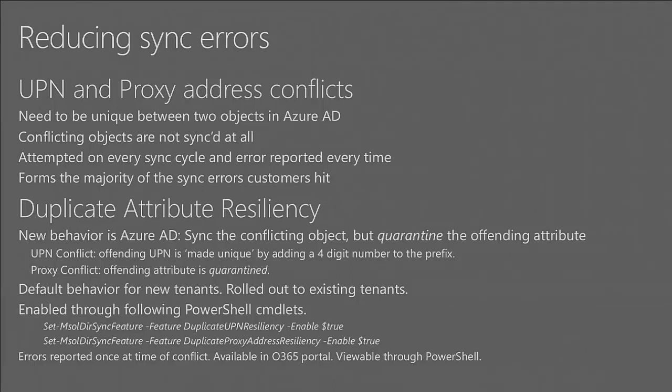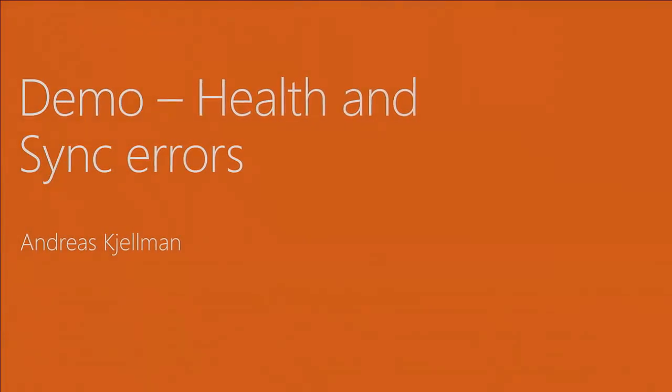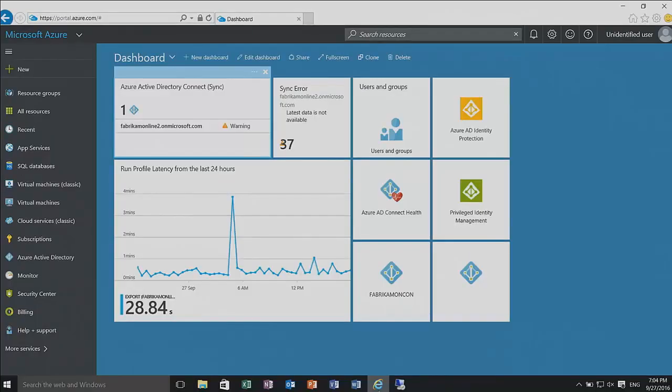And where is my next slide? All right, so let's actually do a demo of this and how it looks. So in health, we have several things. I'm going to start with actually looking at operational insights.